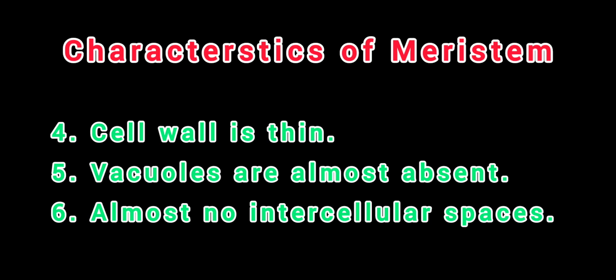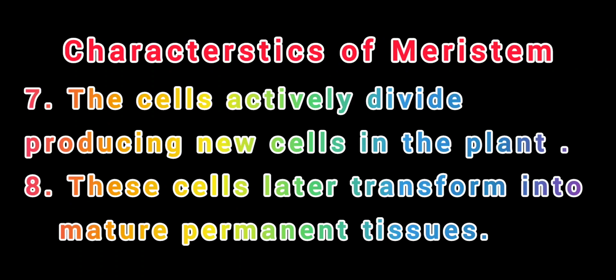Since these cells are always dividing actively, the nucleus must have a thorough control on the entire parts of the cell. The cell wall of the meristems is relatively thin. This helps in the easy division of the cell to form two daughter cells from a single mother cell.